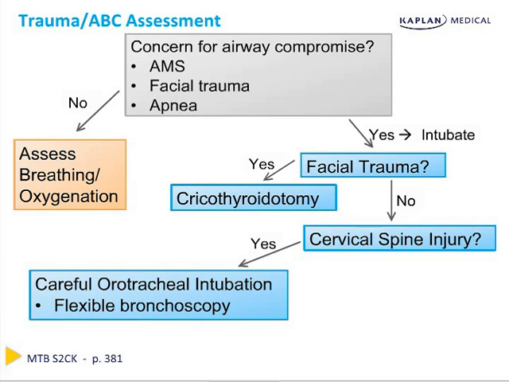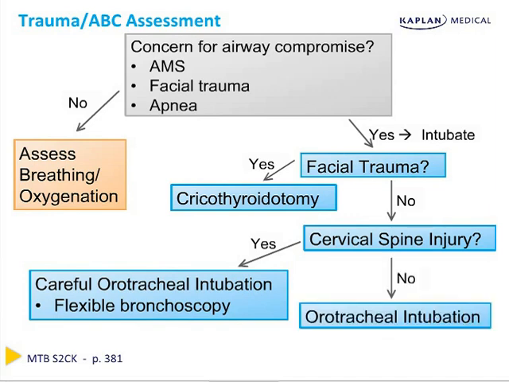In these patients, the manipulations required to perform an orotracheal intubation may worsen the spinal cord injury, and in the worst case scenario, cause permanent paralysis. So these patients are intubated using a bronchoscope to minimize the manipulation of the neck. In the absence of these two indications, simple orotracheal intubation is the answer test makers are looking for.